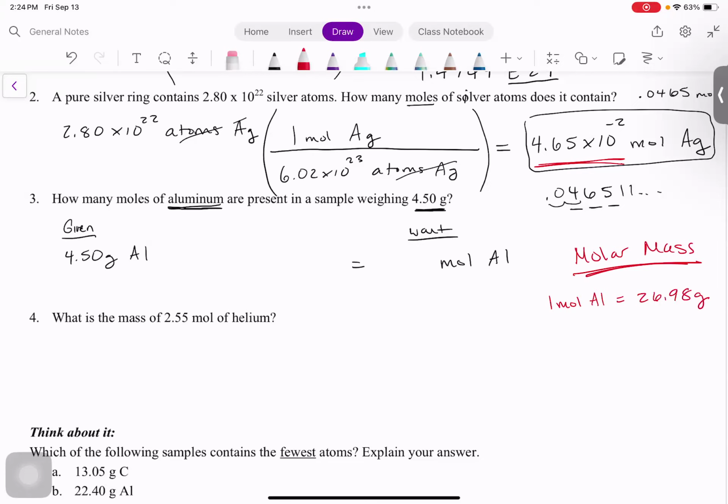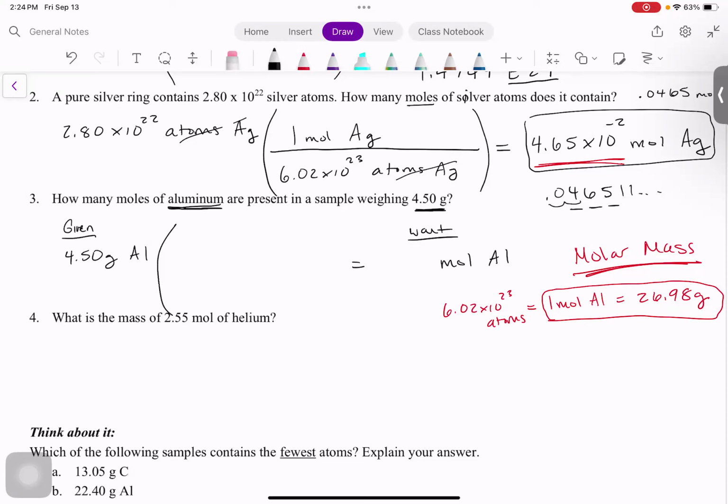The molar mass is on the periodic table, and it's the equivalent relationship telling you how much 1 mole of aluminum weighs. And we also know that 1 mole is 6.02 times 10 to the 23rd atoms of aluminum. But we don't actually need that information in order to answer this problem. We're just going to use this part of the relationship here, that 1 mole is 26.98 grams of aluminum.